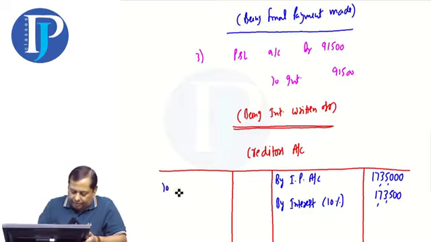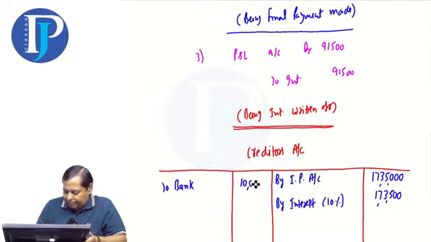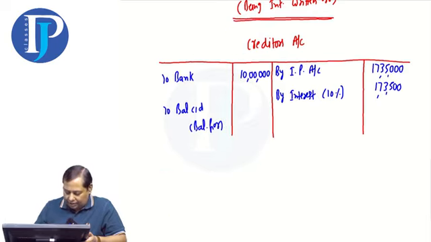Then I will write to bank, 10 lakh rupees, to balance CD. This will be the balancing figure. This is our first year.